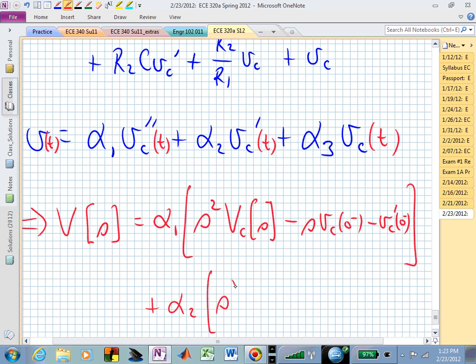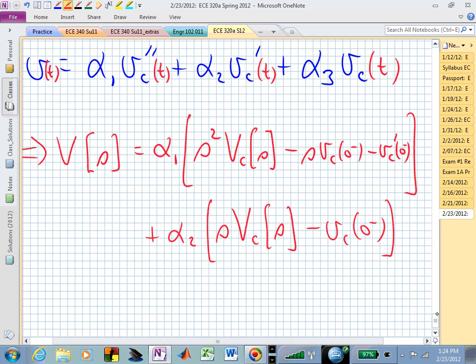This is now S times V sub C of S minus V sub C of 0 minus. Plus alpha sub 3 V sub C of S. Questions on that?